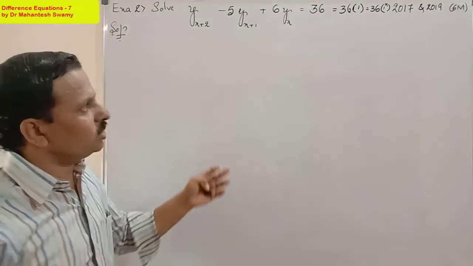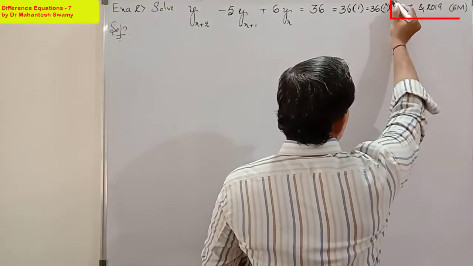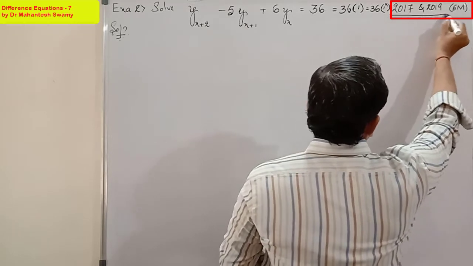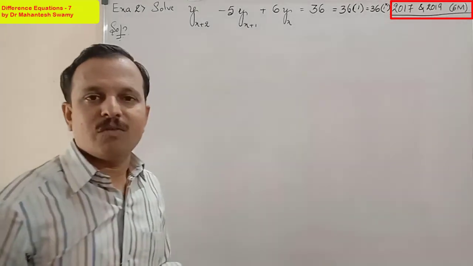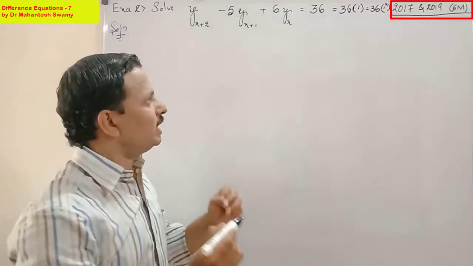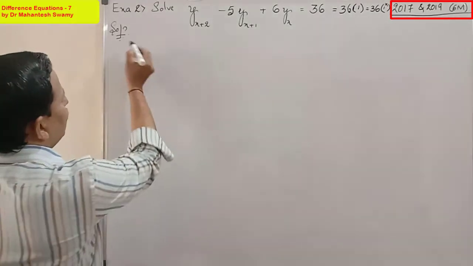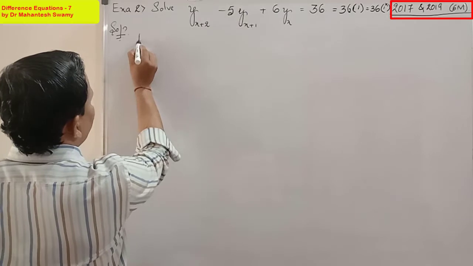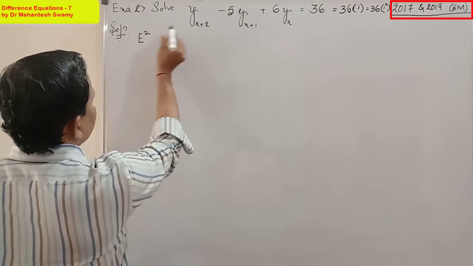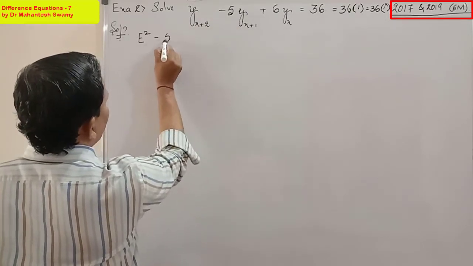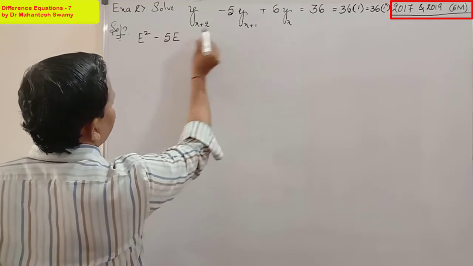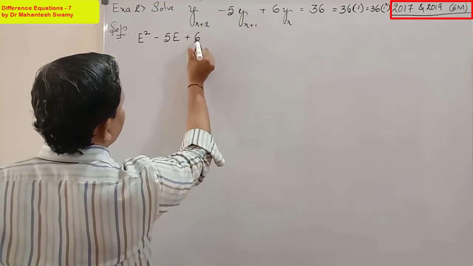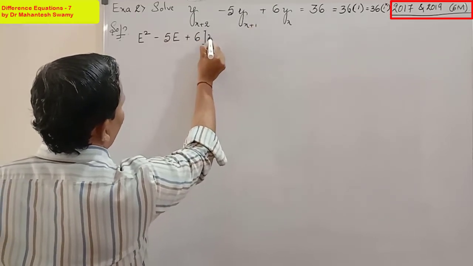This is an important question because it has been asked in the examinations of 2017 and 2019 for 6 marks. So let us solve the problem. First, we have to write this given difference equation in the form of (E square minus 5E plus 6) within the bracket and y(x) outside.